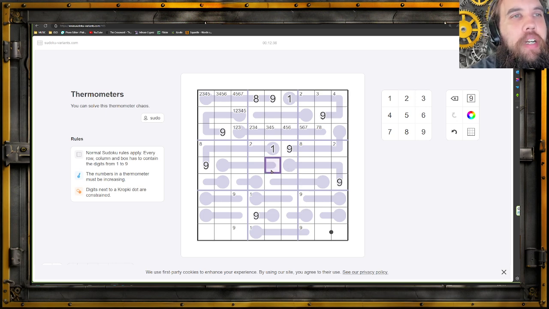Okay, so 8 in this box actually has to go in one of these because there's no 9 in this box. So that is a useful one to see here. Because we've already used this 9, so one of these two has to be an 8. But 4 of these could be 7. Well, that could be a 7 technically because that could be the 8. This could be the 8 as well.